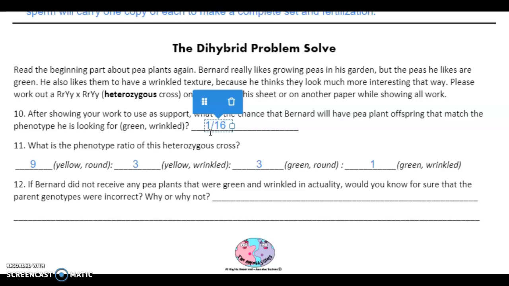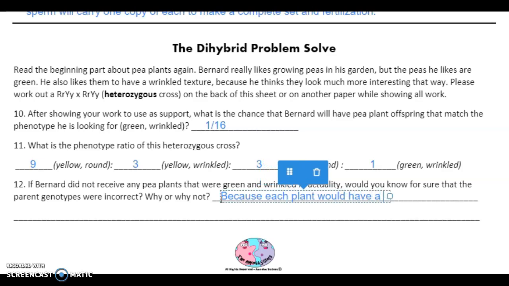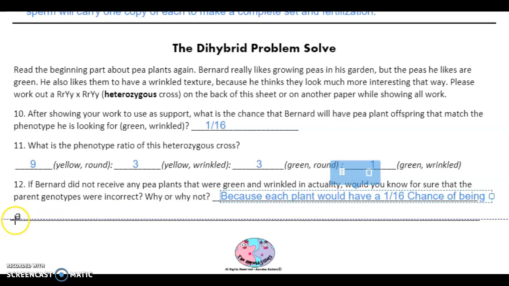Number 12 says if Bernard did not receive any pea plants that were green and wrinkled in actuality, would you know for sure that the parents' genotypes were incorrect? Why or why not? Okay, because each plant would have a 1 in 16 chance of being green wrinkled.